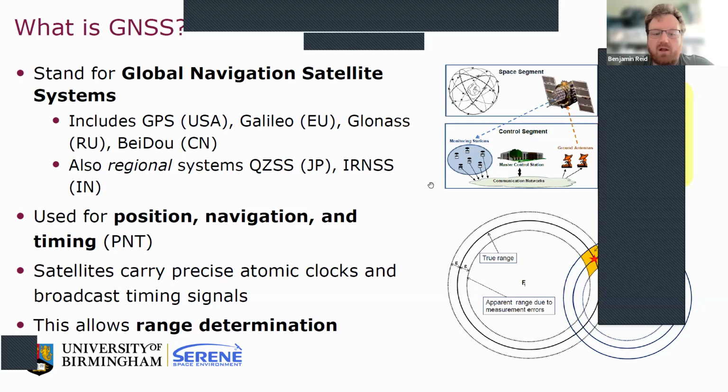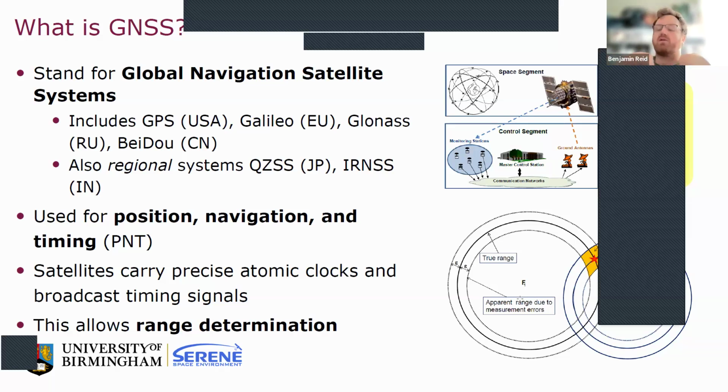You take some atomic clocks and you put them in satellites, you put those satellites in orbit, and you just broadcast: it is currently this time. And that is essentially all that these satellites do. They just broadcast what time it is. And so you can determine where you are based on this timing signal, right?